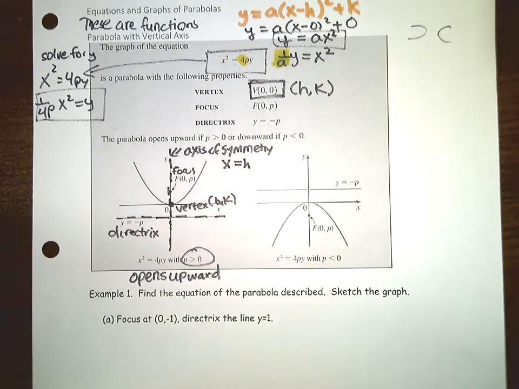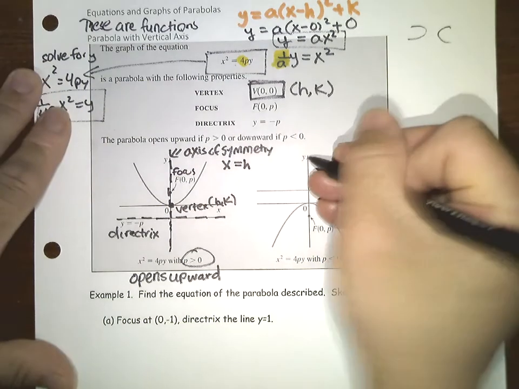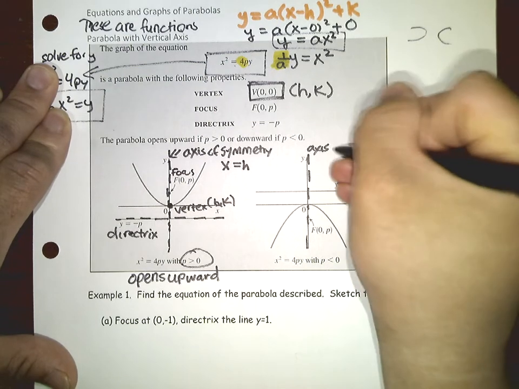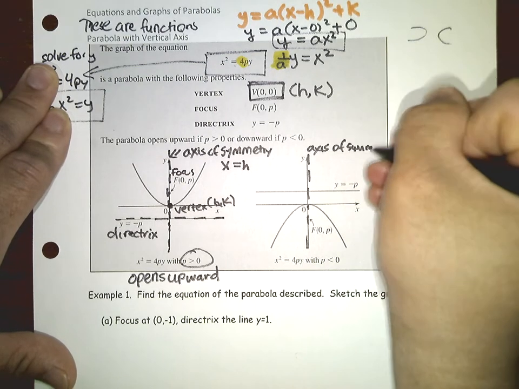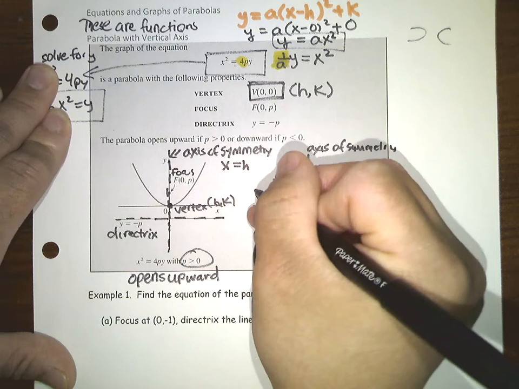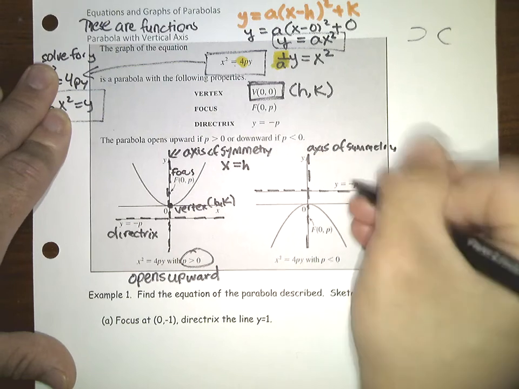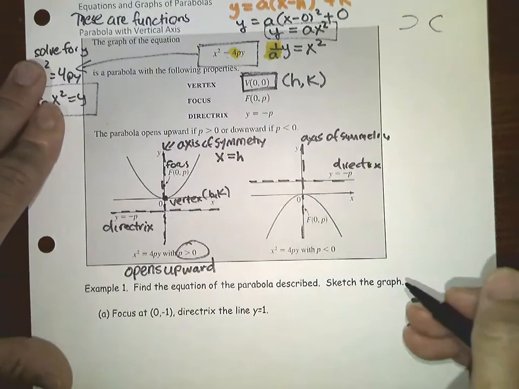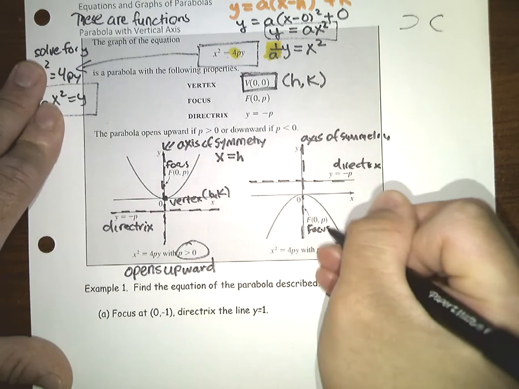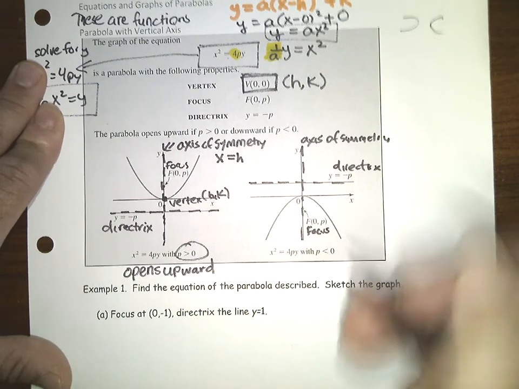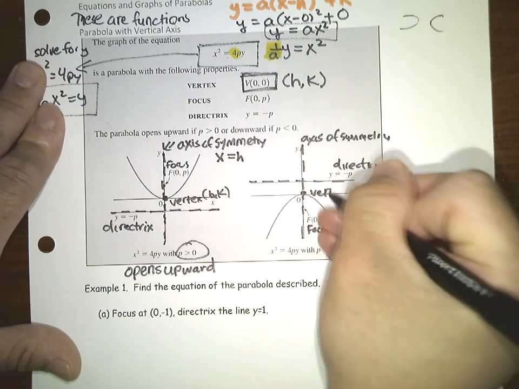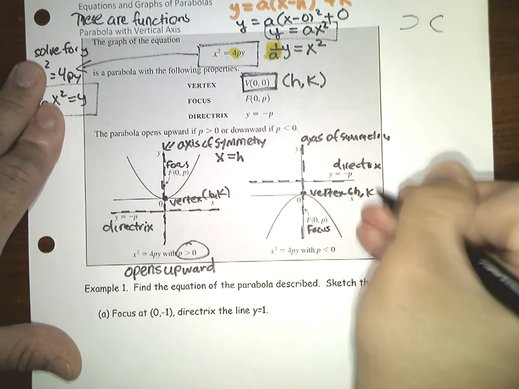And so that means that because p was positive, this one opens upward. And then the same thing for parabolas that open downward. You see the axis of symmetry right here. And then you have the directrix, and then you have the focus, and this has a vertex at (h, k).